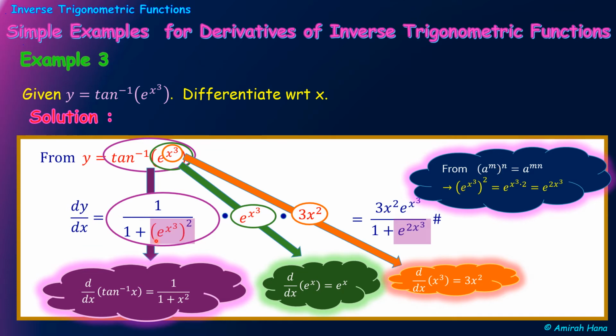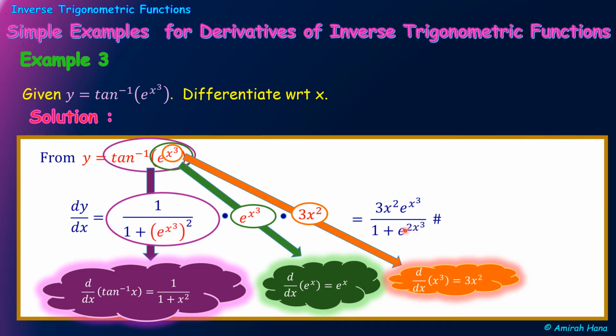So when we simplify e to the power of x cubed, bracket squared, now our m equals x cubed and our n equals 2. So we just multiply the exponent: 2 times x cubed gives 2x cubed. So e to the power of x cubed, bracket squared, equals e to the power of 2x cubed. That's why we get this.